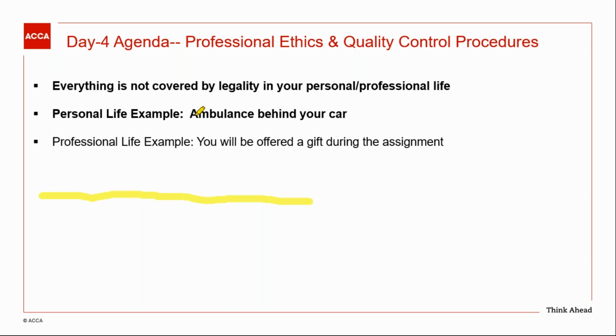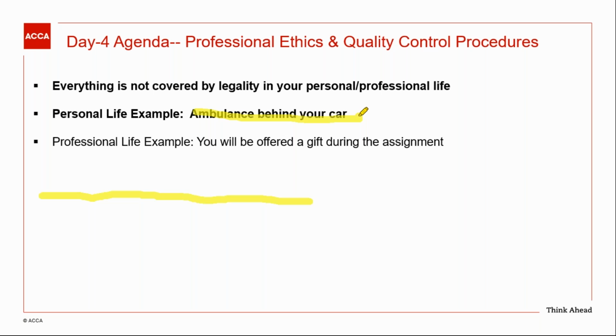There are no guidelines available, no information is available, but on the spot you take the decision, and you decide that it is in the best interest of the public, so you break the signal and clear the path so that the ambulance can reach the hospital on time to save someone's life.